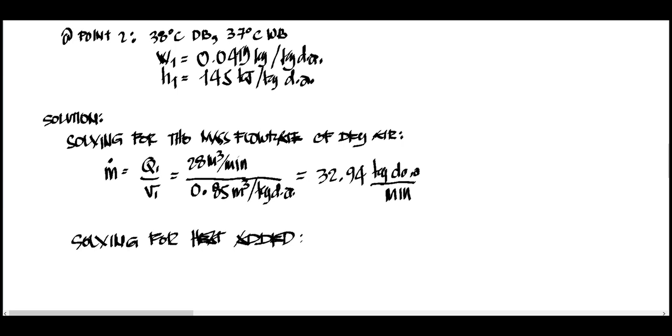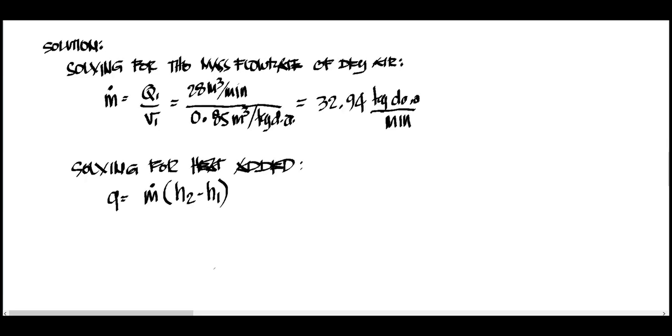Solving for the heat added, we have your Q equal to mass flow rate times the change in enthalpy from point 1 to point 2.